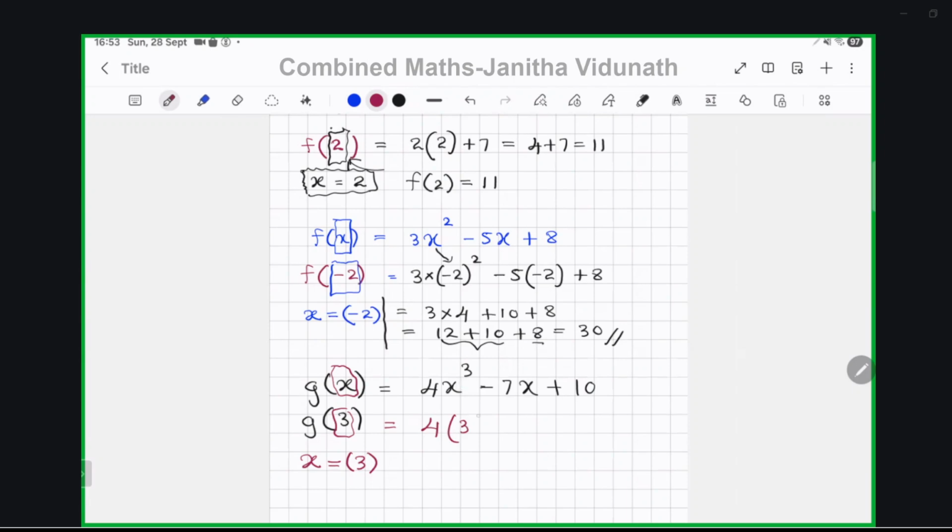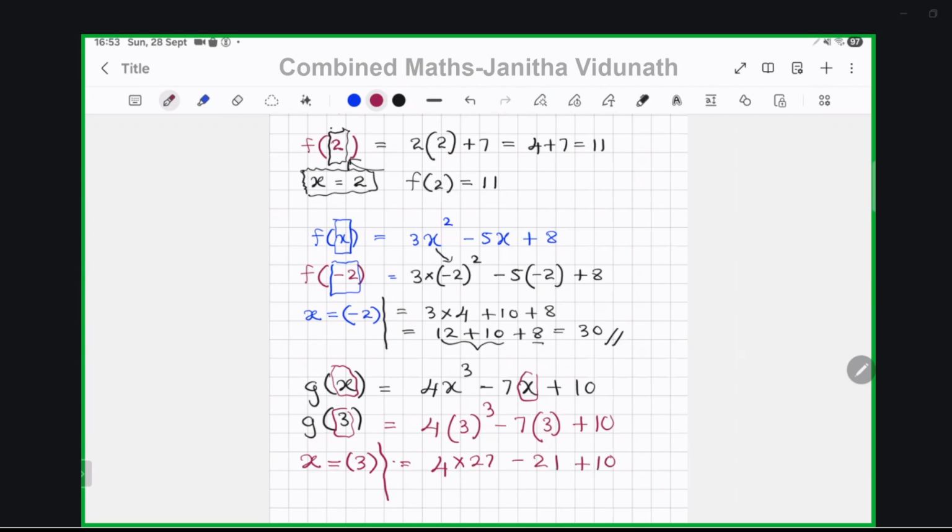Then we can find the value of g(3) is 4 times, instead of x, now we write 3. Now we substitute 3 for the x value. Minus 7 times, instead of x, now we write 3, plus 10. Then we get 4 times 3 to the power 3, which means 27, minus 3 times 7 which means 21, plus 10.